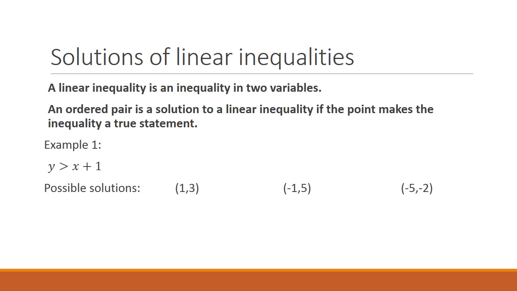We know that 1 is the x-coordinate for the point and y is the y-coordinate. So I'm going to substitute y with 3, greater than x, which for this point is 1 plus 1. So we have 3 greater than 2, which is a true statement. That means this point is a solution for the inequality.